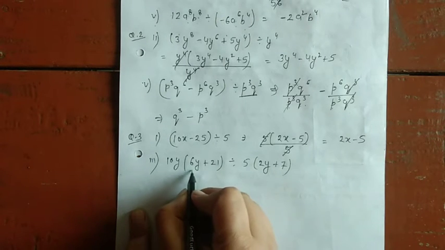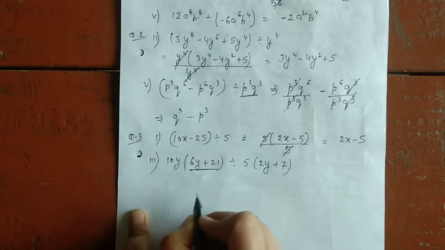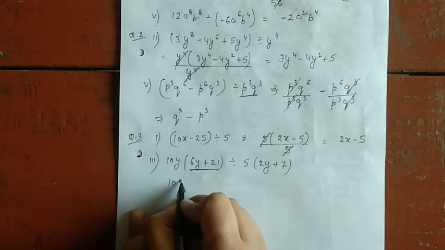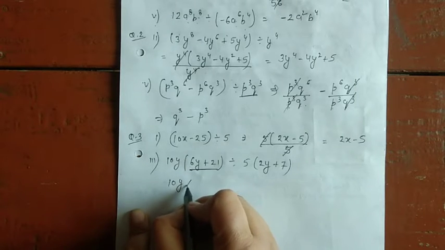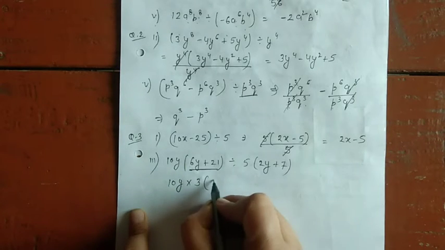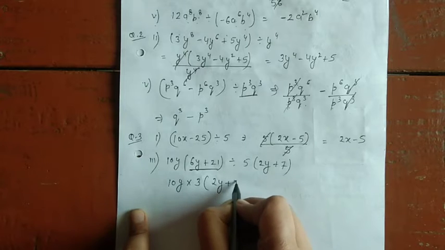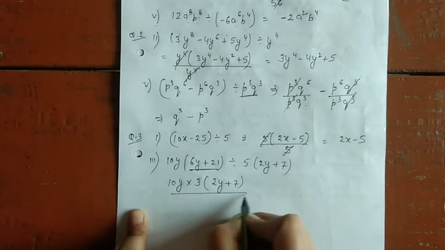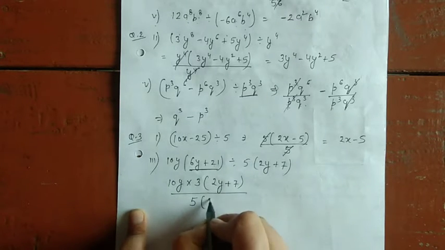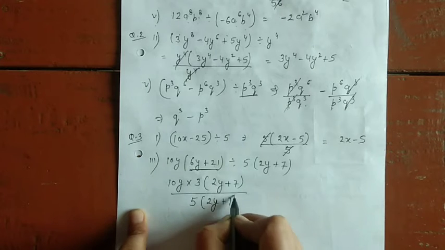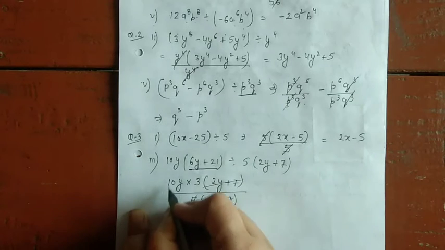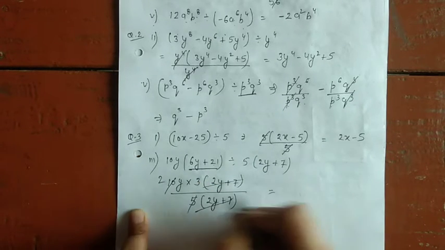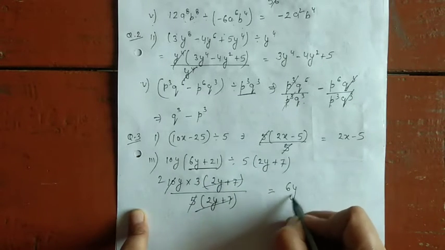Here I have to try to factorize this numerator. Now I will check in these two terms, can I take something as common? When I check, I see yes, 3 is common. The remainder is 2y plus 7 and it will be divided by 5 (2y plus 7). Now see, 2y plus 7, 2y plus 7 cancel out. 5 twos are 10, so the answer will be 6y.